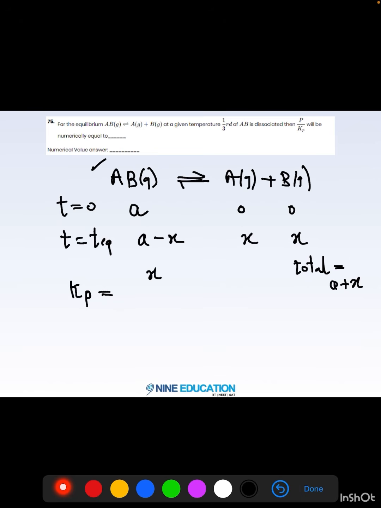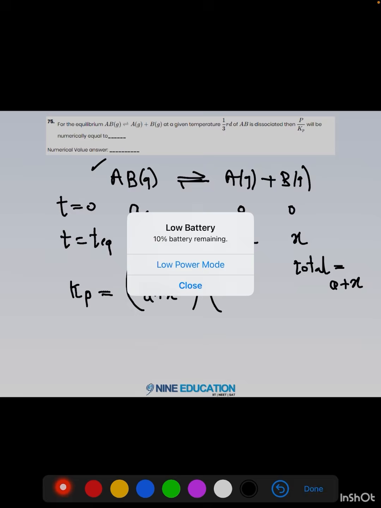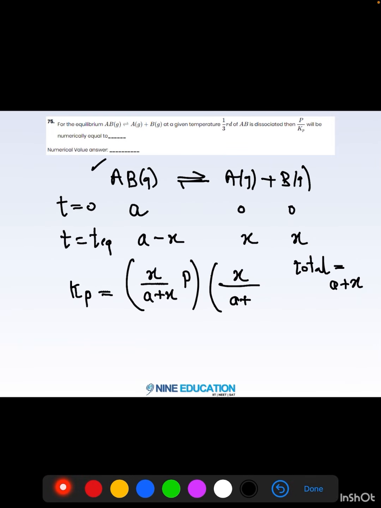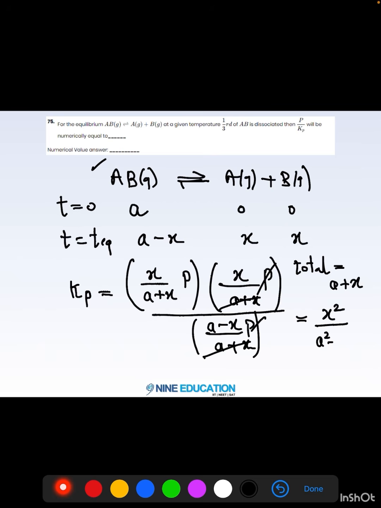Partial pressure of product A will be x upon a plus x into P. Next we have x upon a plus x into P, this will be for B. Next you'll divide by the pressure for AB, which will be the mole fraction of AB, a minus x divided by a plus x, into capital P. Now if you simplify this, P and P will cancel, a plus x will cancel, so it will simply give us x square divided by a square minus x square into capital P.